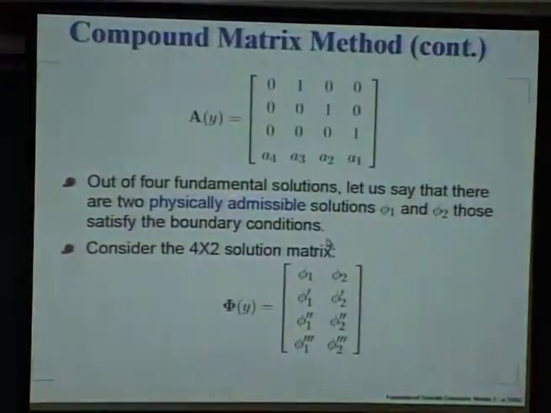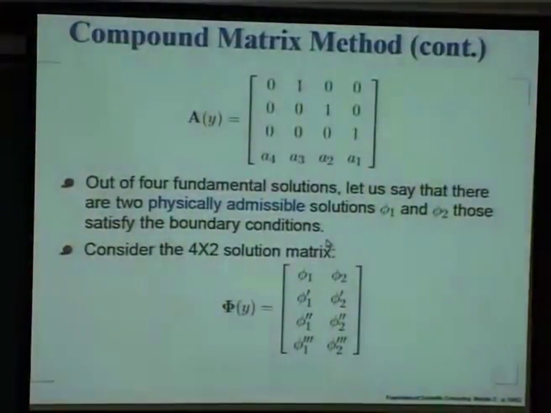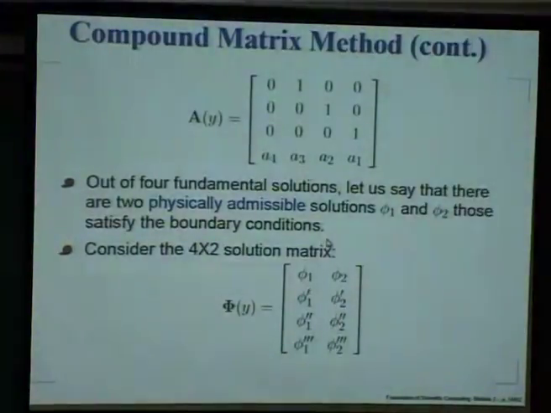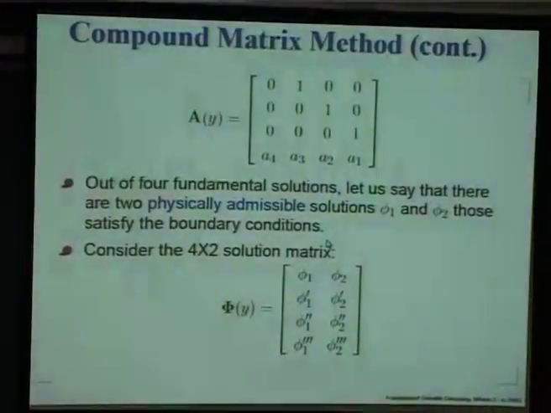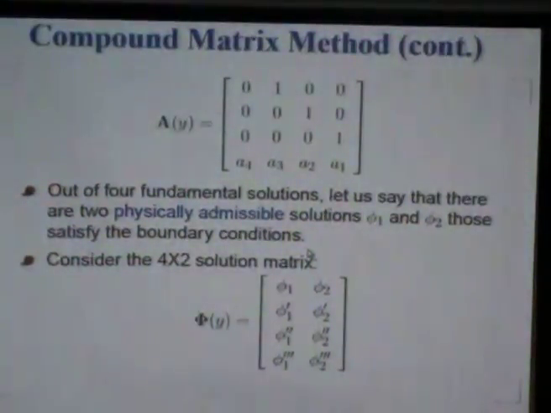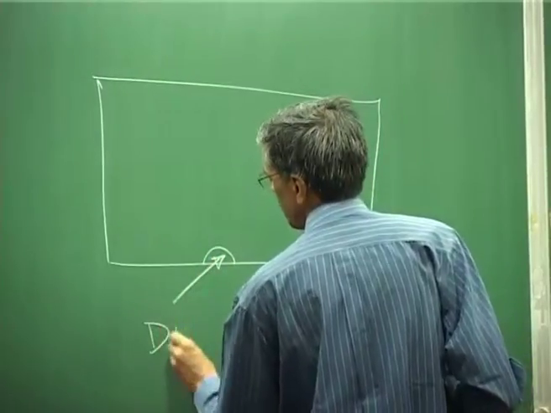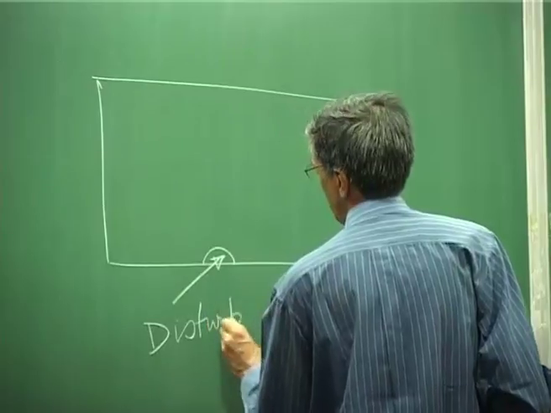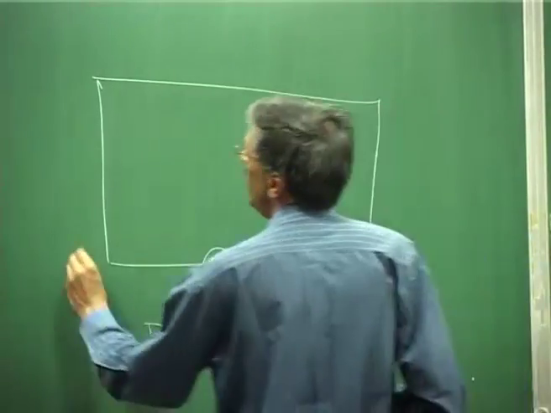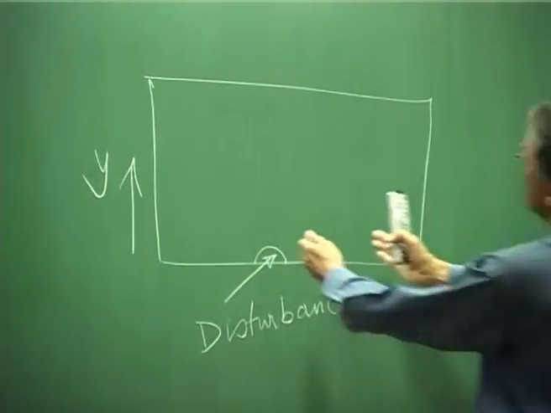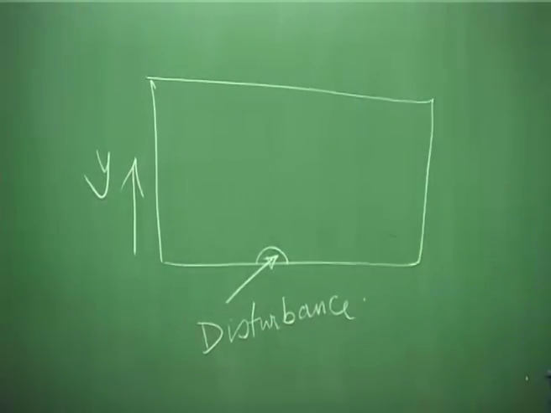Now, as I said, it is a fourth order system. So, we will have 4 fundamental solutions, and let us say that 2 of them are physically admissible. That is what we said. Let us say we have a domain here, and I am creating some kind of a disturbance here, and if we are talking about this as y, as I go far away from this, the disturbances would decay.